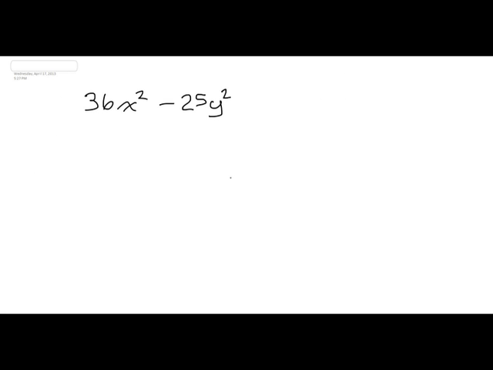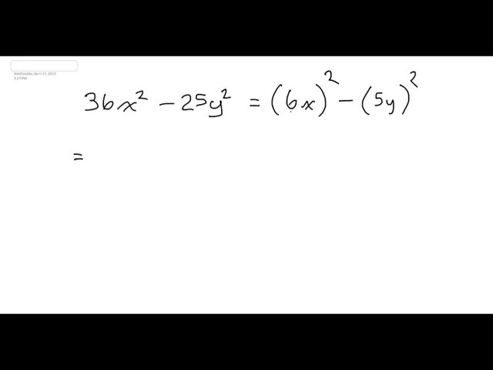So here I've got 36x squared minus 25y squared. In order to use difference of squares, we have to confirm that these are both perfect squares. So I can rewrite this as (6x) all squared subtract (5y) all squared. Now we're going to use our identity.